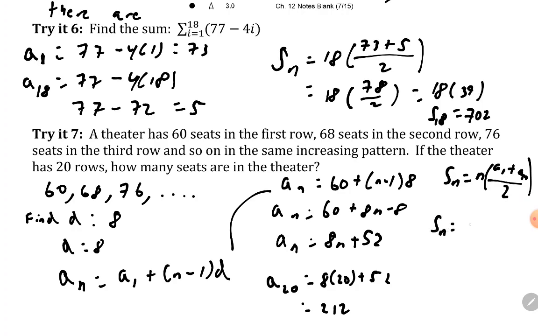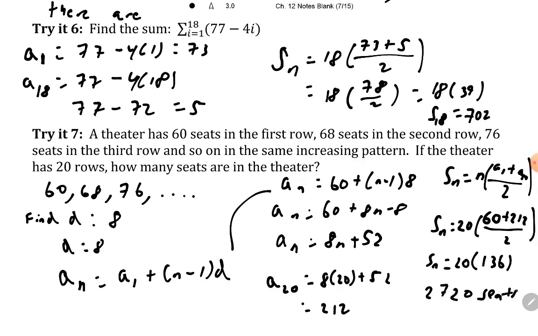Okay, so S sub n equals number of rows, 20, times the number of seats in the first row plus the number of seats in the last row, divided by 2. So this is 20 times 272 divided by 2. 272 divided by 2 is 136. So 20 times 136 is 2,720 seats in that theater.